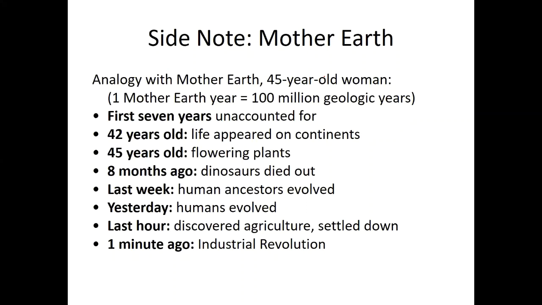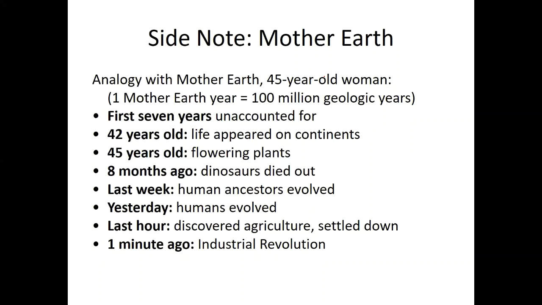So the first 7 years of her life, so the first 700 million years, are pretty much unaccounted for. We don't know much about what happened. It's too long ago, shrouded in history. And then after that, from age 7 to 42, not much happens. All right, it's pretty boring. There's the appearance of bacteria and algae, but nothing really starts happening.